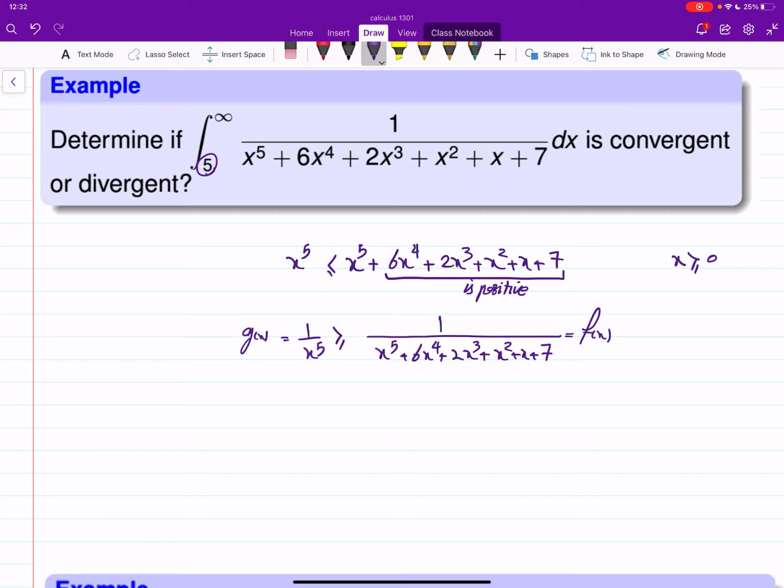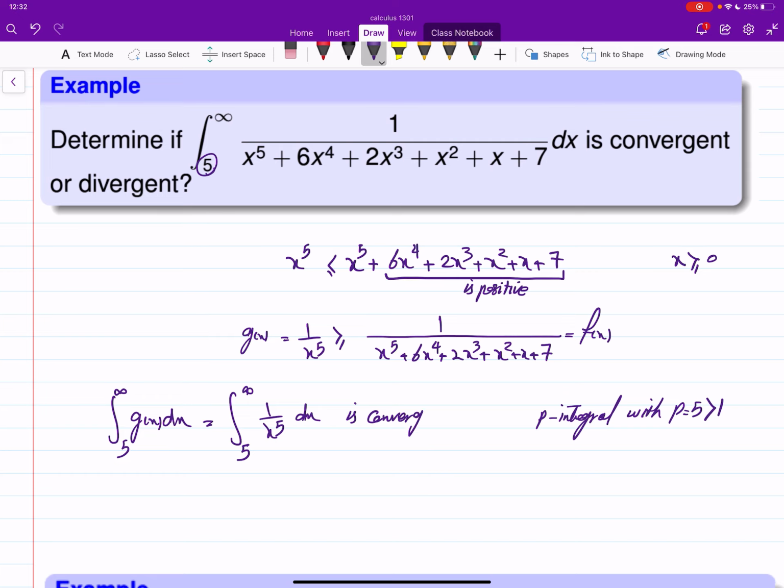And the other function, if you look at the integral of the other function from 5 to infinity, this is indeed a p integral with p equal to 5, which is bigger than 1. So as a result, this is a convergent integral. So we had a function bigger than our given function. Our function also was positive. Also, we showed that the bigger function has a convergent integral.